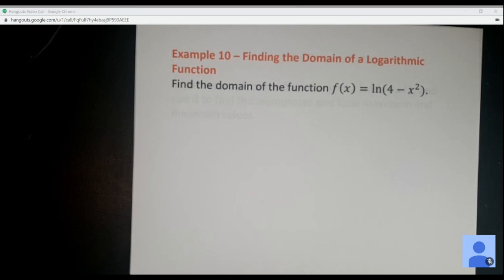So think about the domain of your basic log functions that we've looked at so far, right? And what do we know about the domain of a log function in general? Okay, so it has a vertical asymptote, right?